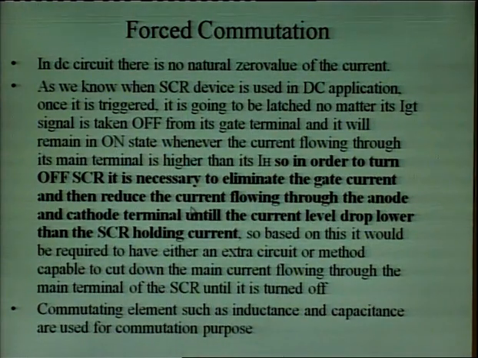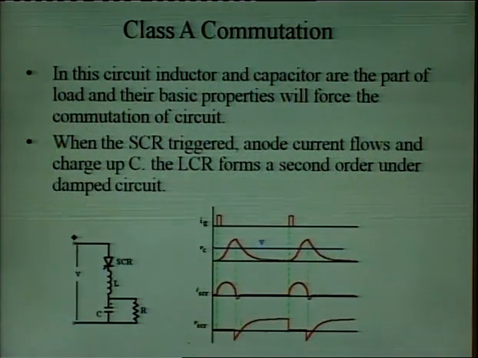And next is forced commutation. In forced commutation, some external means are required to turn off the SCR. Where DC supply is given to the SCR, we use forced commutation.